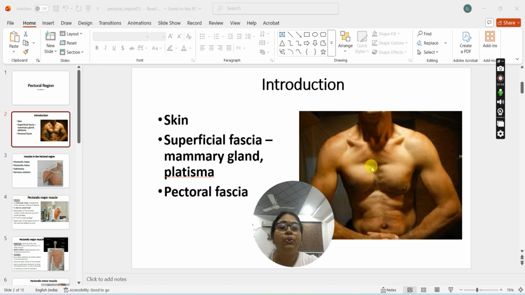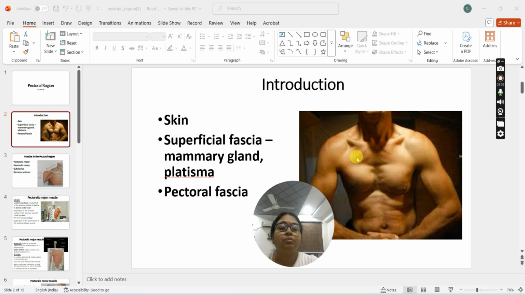If you draw an imaginary line along this area horizontally, the area above this horizontal line is supplied by the sensory nerves called the supraclavicular nerves. The supraclavicular nerves, a branch of the cervical plexus, supply the skin in the upper part of the pectoral region and the upper part of the skin over the deltoid region.